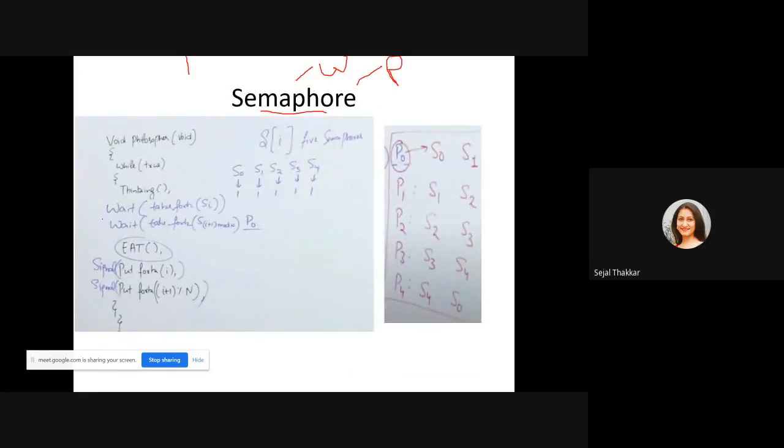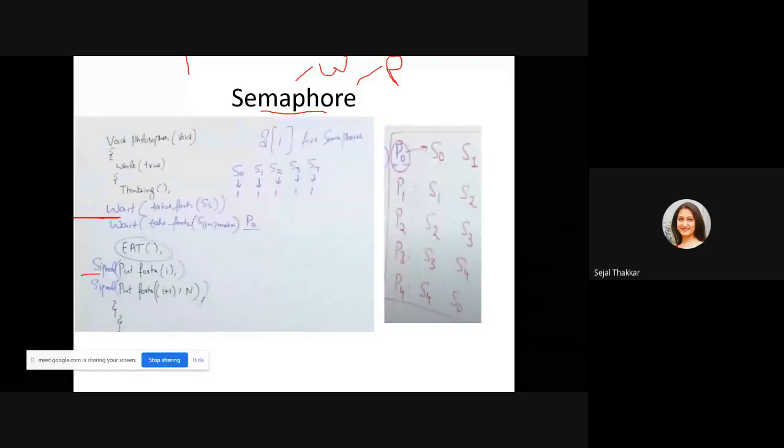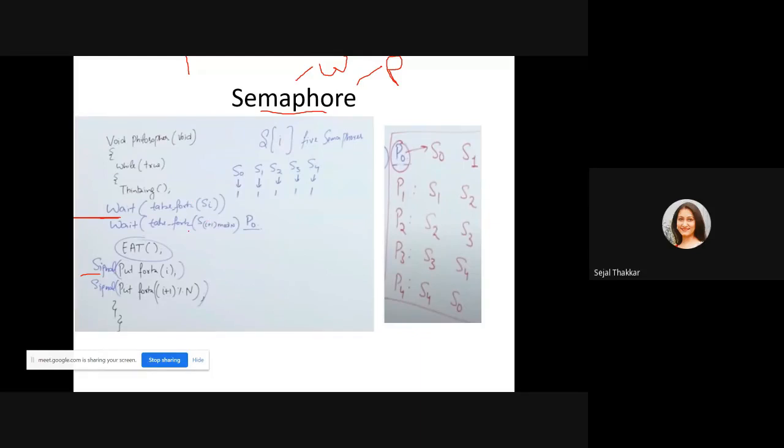So the semaphore has wait and signal, right? You need to keep wait and signal here as it is. The other remaining code you have to write as it is. Now we have 5 philosophers, so we need 5 semaphores: S0, S1, S2, S3 and S4.